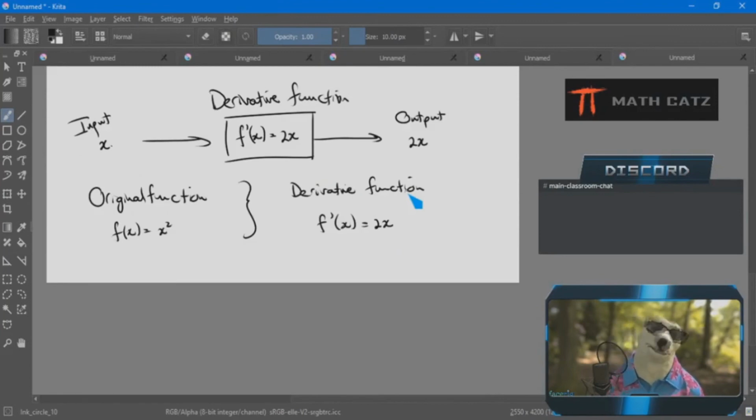So we have a couple of things happening here. One, always, the original function has this derivative function connected to it. The question then becomes, if I change the function, how is the derivative function related to it? Can I see a pattern beyond using the limit definition?